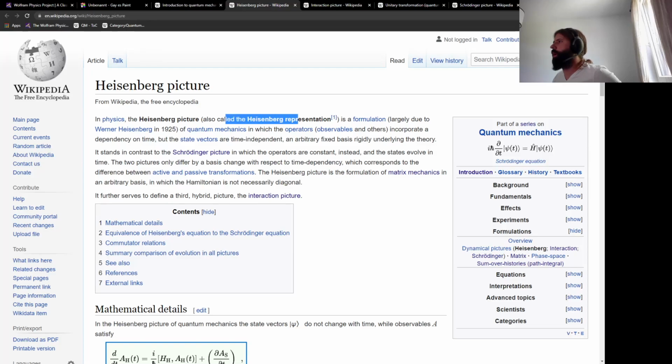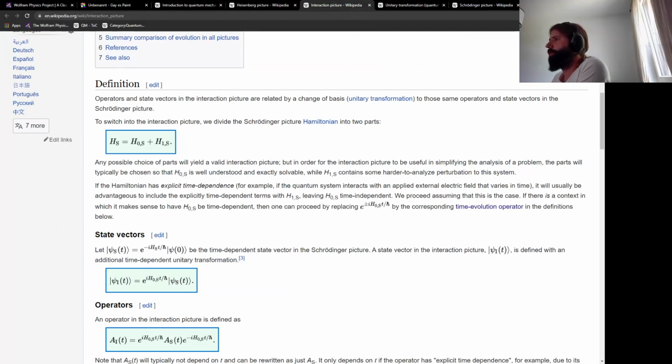Because everywhere in all this quantum computing stuff that's out there, you always assume that the states are time independent. So this is a bit of a hybrid, okay? Like we're getting a Hamiltonian and treating part of it as time independent, part of it as time dependent. That's pretty crazy.